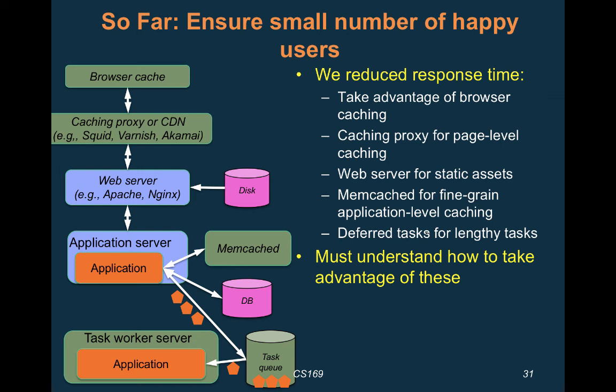We have split the application server into an application and a task worker to make sure that the application only does the quick computation for the response. Everything else gets deferred and processed later. We have put Memcached to allow the application to save some requests to the database. And all this, for one user, should have improved the experience.